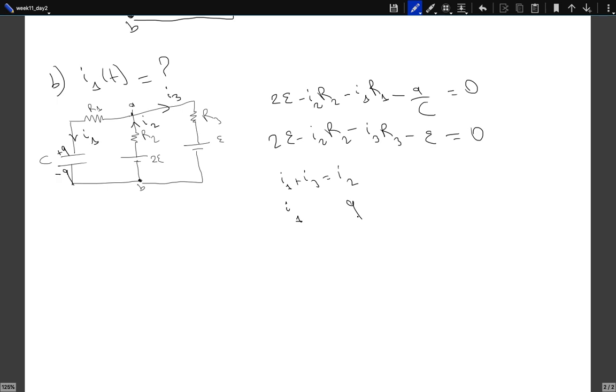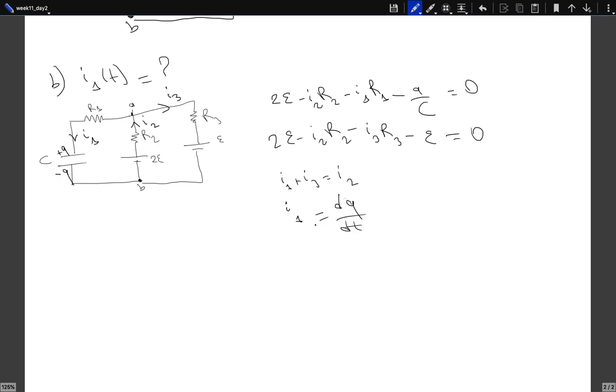Well, I1 is just dQ over dt. Plus or minus? Minus. Let's see, if I1 is a positive current, does Q increase or decrease? If I1 is positive, Q should increase. Increase means its derivative is positive. So the signs are correct.